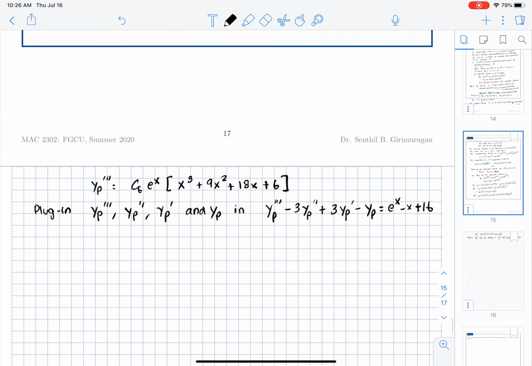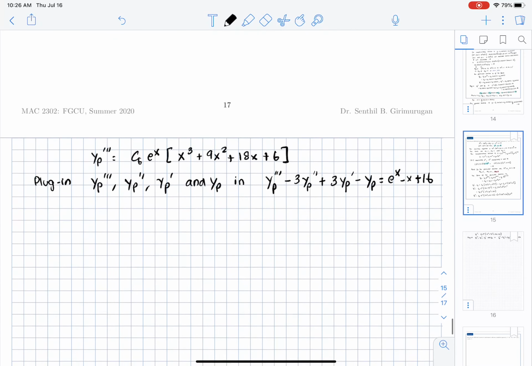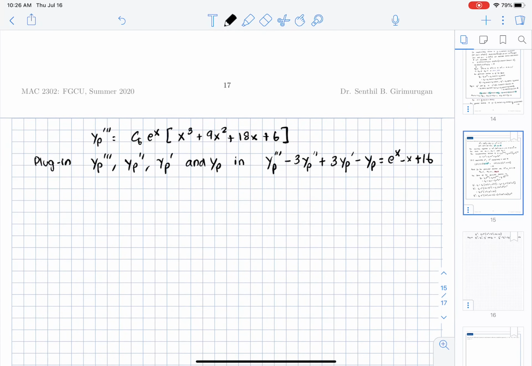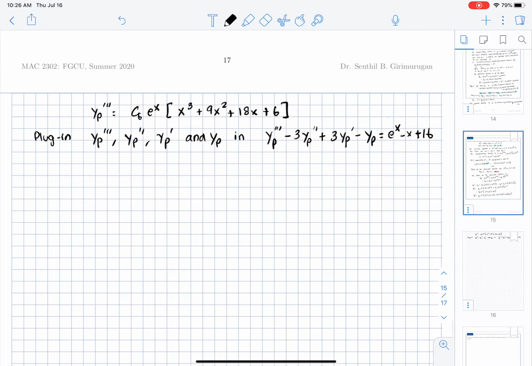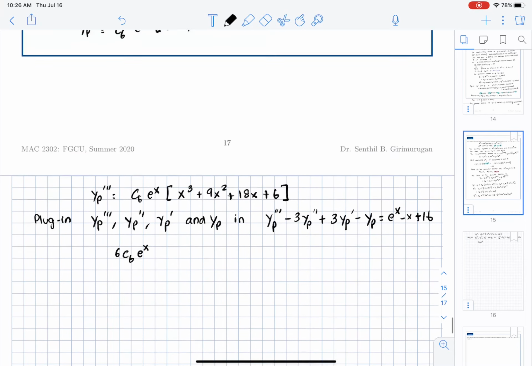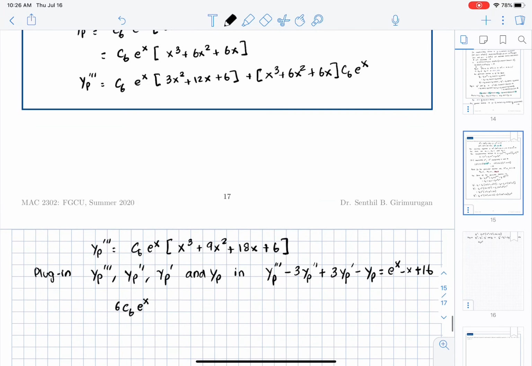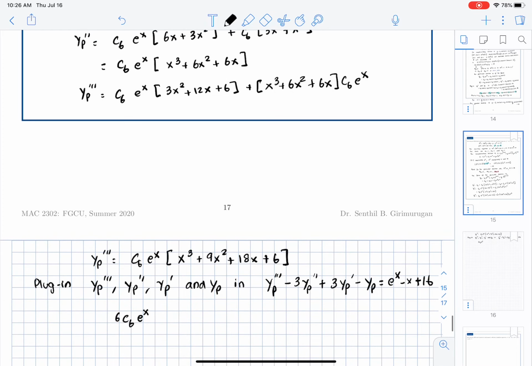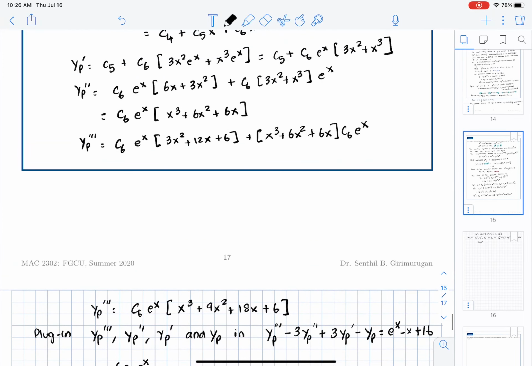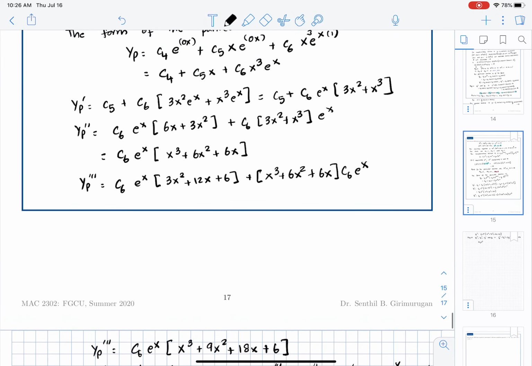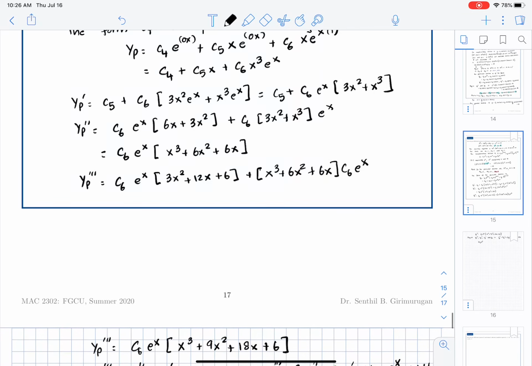So all I need is the e raised x term, the x term, and the 16. So let's see if we can gather. This is the shortcut. So the e raised x terms, I have 6 c6 e raised x from the third derivative. From the second derivative, I don't need any e raised x terms. First derivative, nothing that I can see. And yp, nothing.